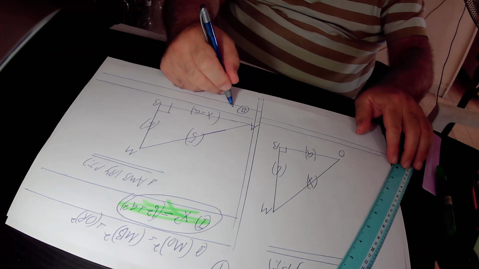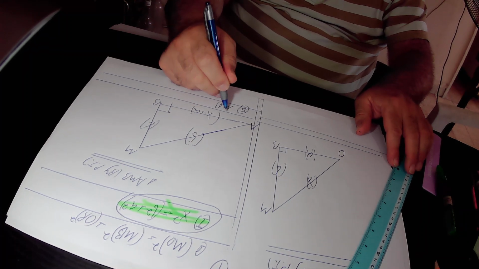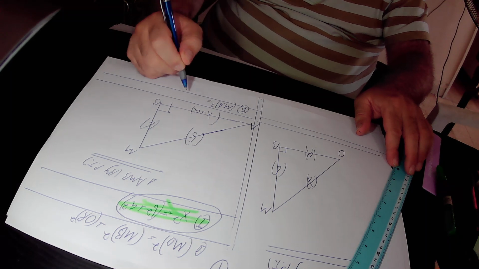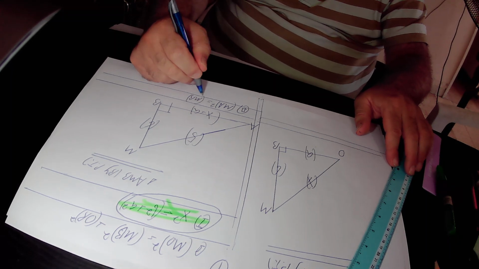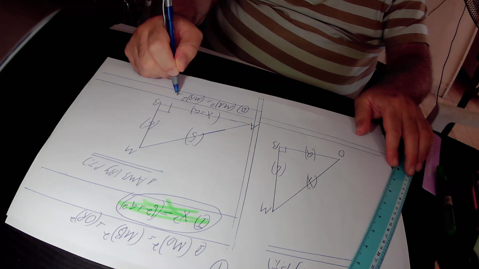So MA squared, that is the square of the hypotenuse, is equal to MB squared plus BA squared.